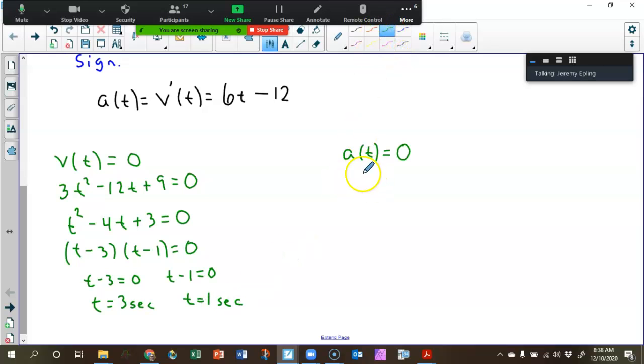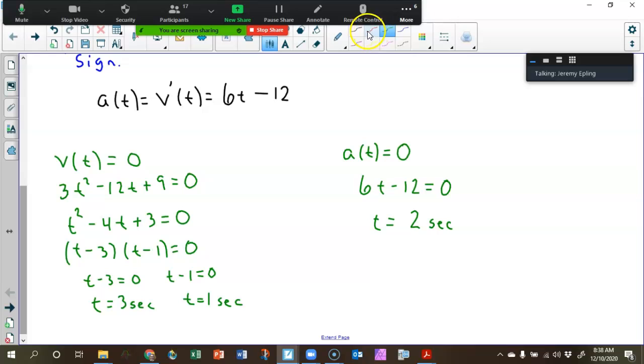If we look at when our acceleration is equal to 0, when our derivative of velocity is equal to 0, it's a very simple solve. It's a linear equation. We have t is equal to 2 seconds.